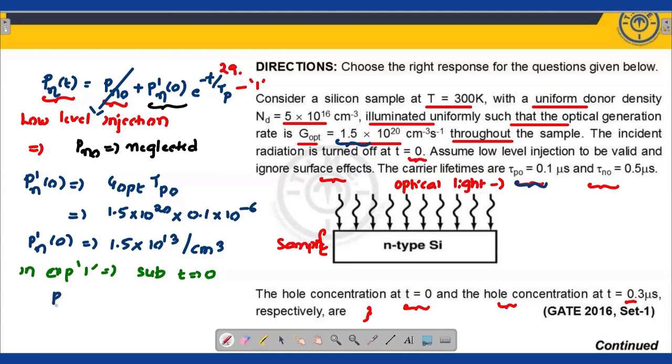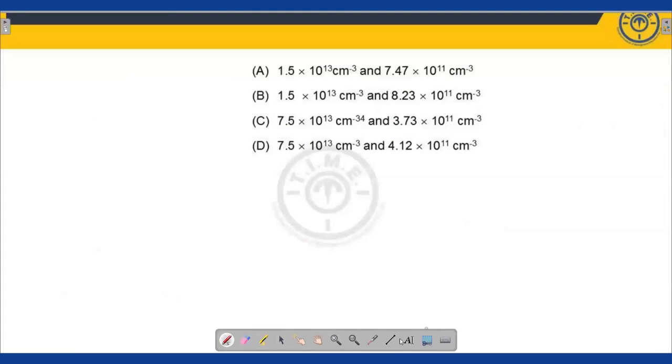The very important term is Pn of t, which is equal to Pn dash of 0 e power minus t by tau p. This is the expression. In this particular expression, substitute.